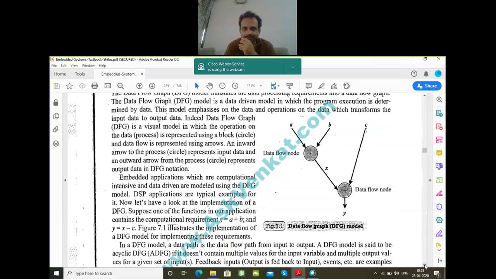Okay. Next is control data flow graph or diagram. Till now we were discussing the data flow graph of the embedded system. Now we will see the control data flow graph. So what do you mean by control data flow graph?